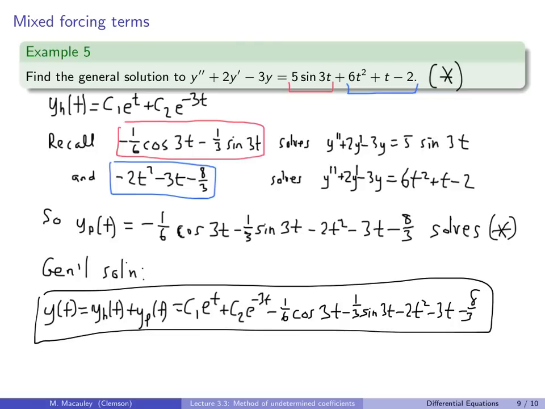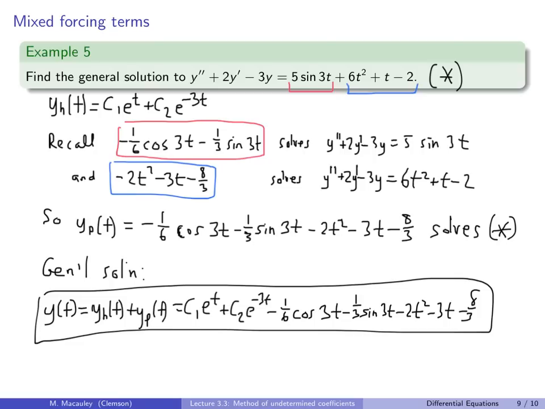Now, this is actually a special case of a more general thing. On the next slide, the last one of the lecture, I'm going to give you a more general theorem, but let's suppose that instead of 5, this had been 10.